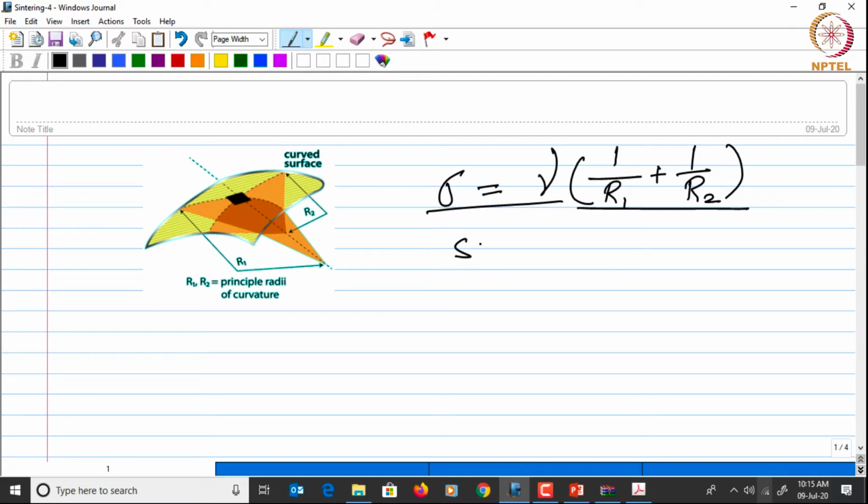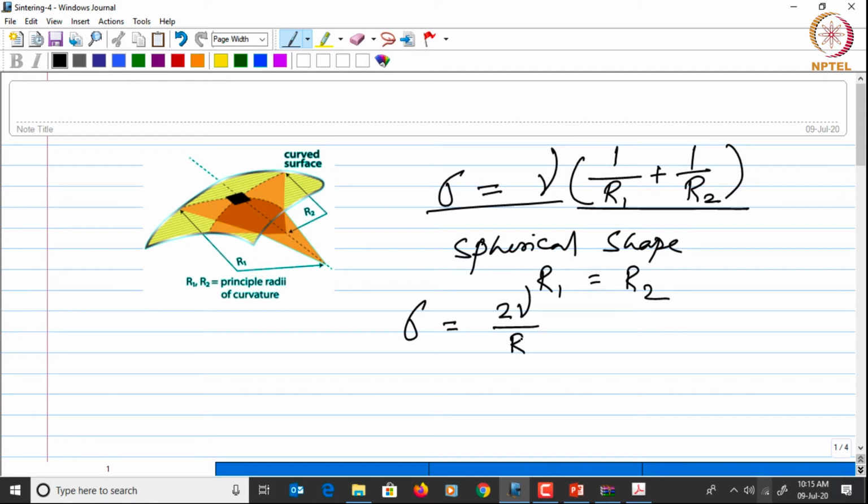Okay, and for a spherical shape, R1 is equal to R2, and therefore the stress sigma becomes two gamma by R, where R is the radius of the sphere, and if D is the diameter, then this can be written as 4 gamma by D.